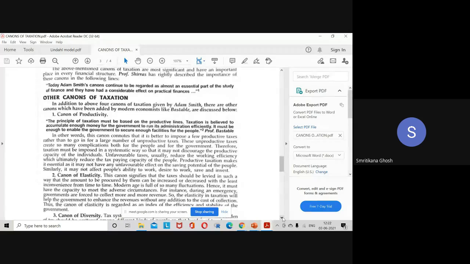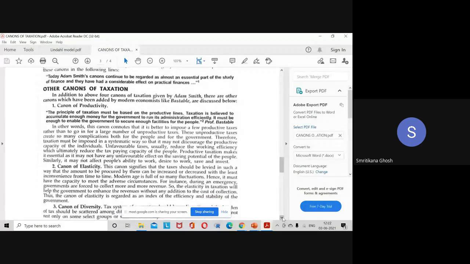If there is a natural calamity, state government asks for some additional money from the salaried people other than their income tax. Okay, so it can be possible when the tax is very much elastic in nature, very flexible. If it is very rigid, then you cannot change the tax rate. You cannot increase your revenue and all this. So the tax structure should be very much elastic or flexible.